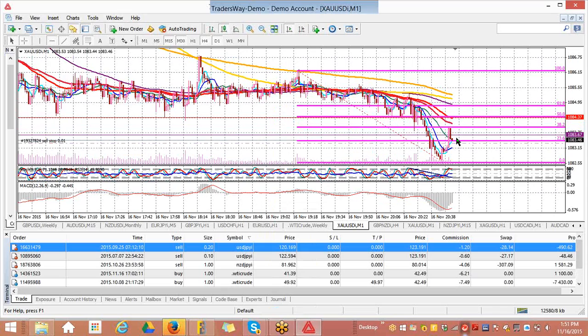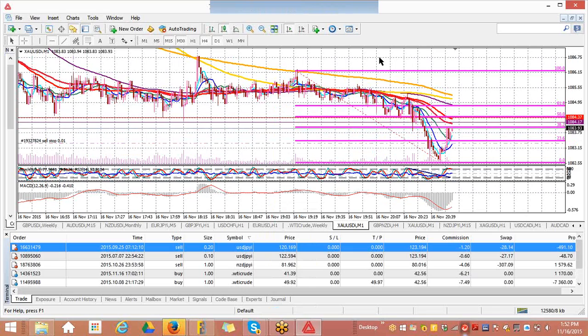How far this will go up or down, I'm not exactly sure. It did come up as a higher high than this high right here, which makes me not want to be a current seller of this.